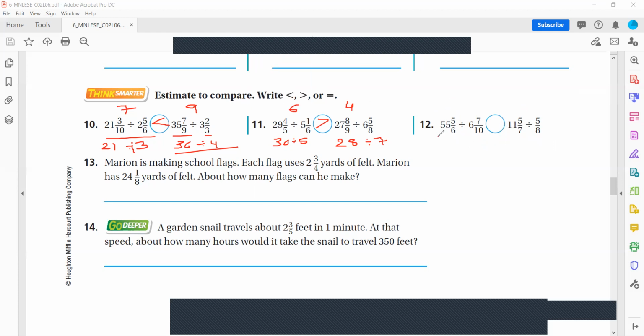Okay, it's like 56. Here, and this is year 7. I got 8.